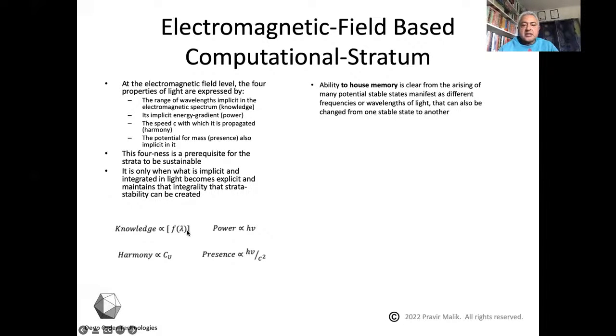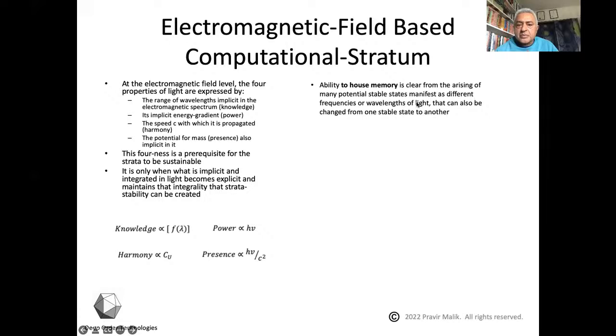And this leads us into the notion of, therefore, the stable strata potentially becoming computational strata or a computational stratum. So we will find that for anything to become a computational stratum, it must have the ability to house memory, to create logical gates, and to have a vast potential functionality.